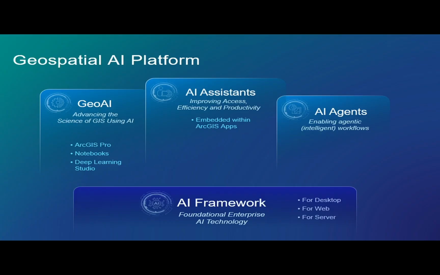GeoAI is AI-powered spatial analytics to extract information and analyze data. AI assistants are generative GIS co-pilots. They are designed to improve access, efficiency, and productivity across all of ArcGIS. And lastly, the AI agents enable agentic or intelligent workflows.